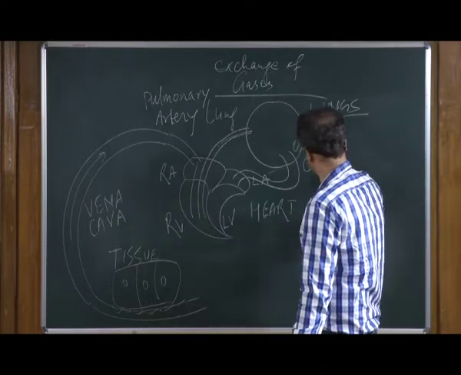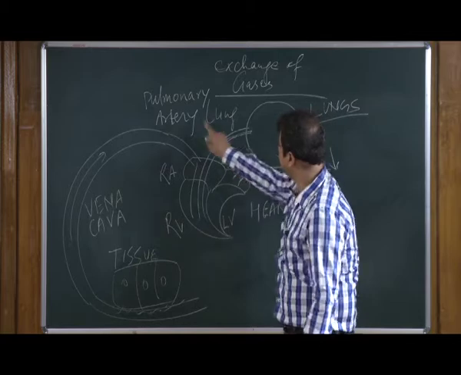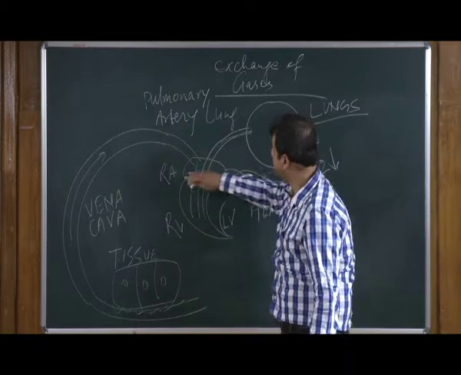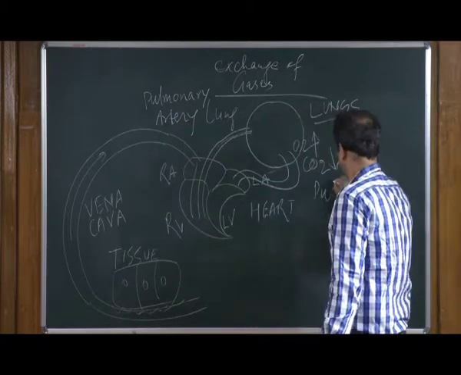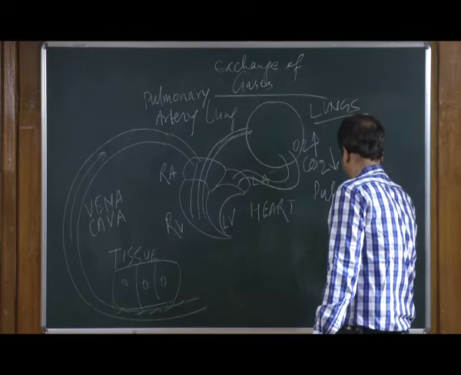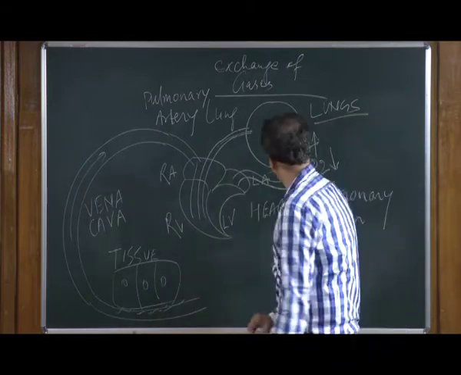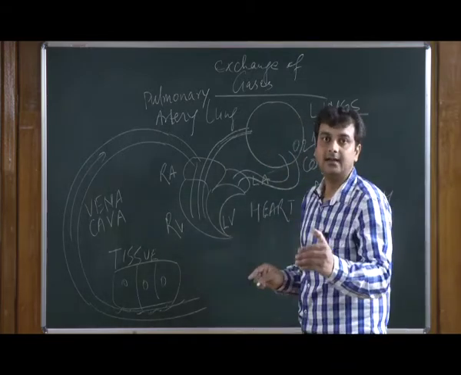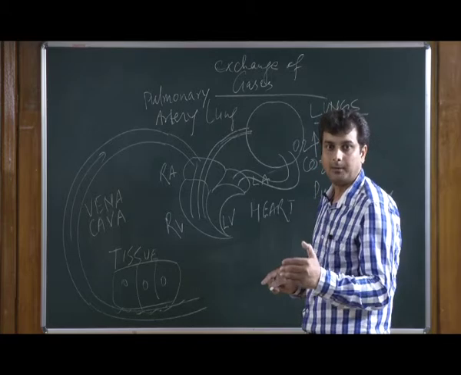CO2 is low. So this is pulmonary, that was pulmonary artery, and this is called pulmonary vein. So this pulmonary vein is basically carrying oxygenated blood, the pure form of the blood.